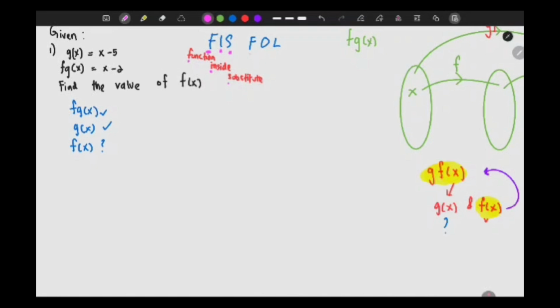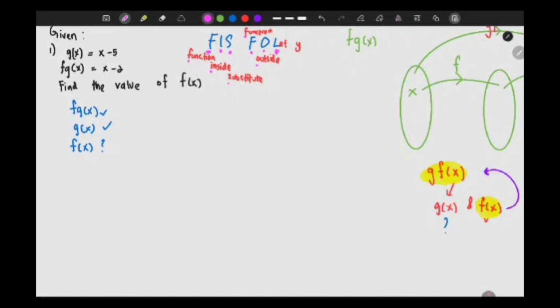Next, for function, the same F, function outside. The O is outside. L here is let Y. So here, FOL is the easy way to understand.